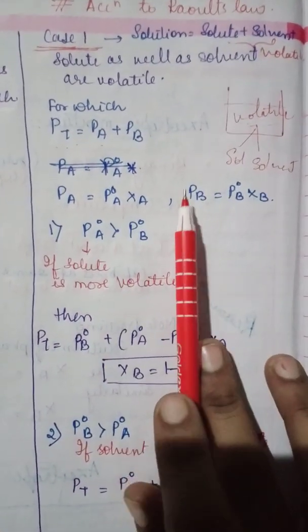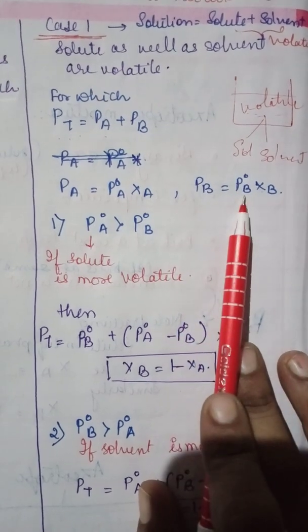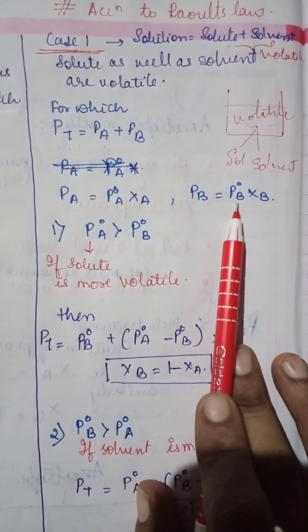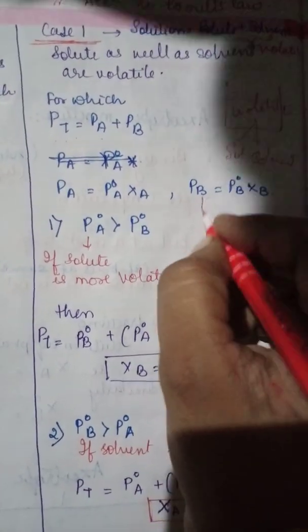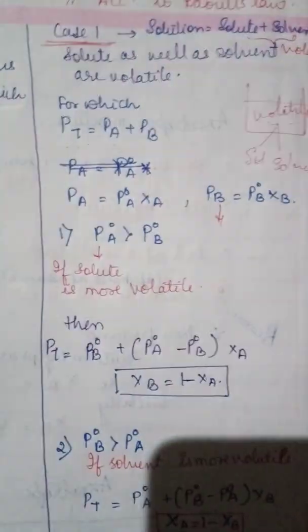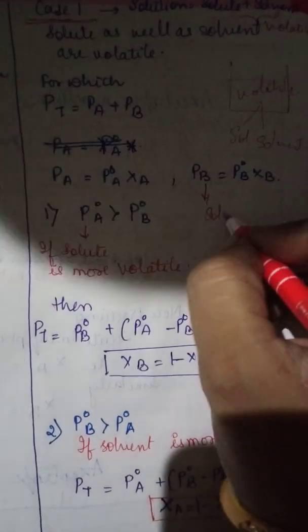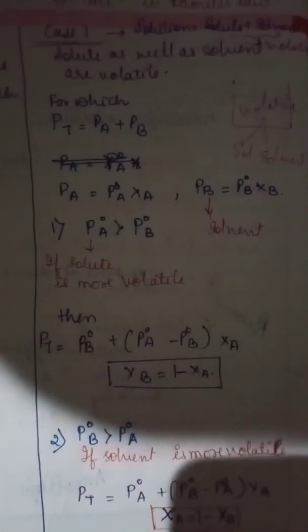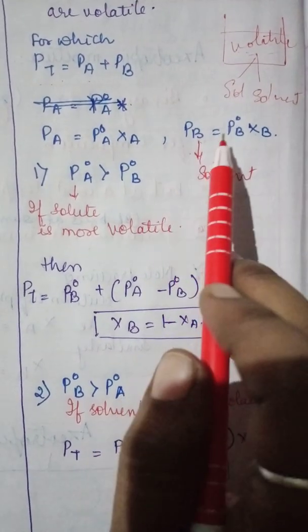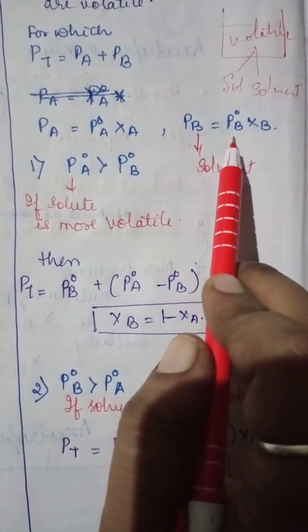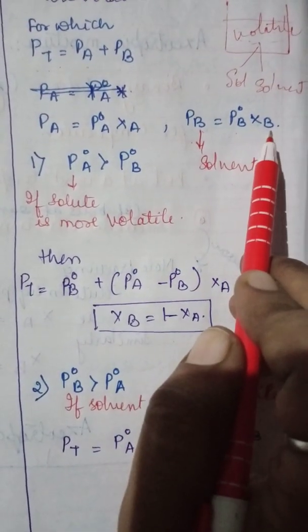The partial vapor pressure of B, the solvent, is the pure vapor pressure of the solvent into its mole fraction. B is our solvent here, so the partial vapor pressure of B will depend upon its pure vapor pressure into its mole fraction.